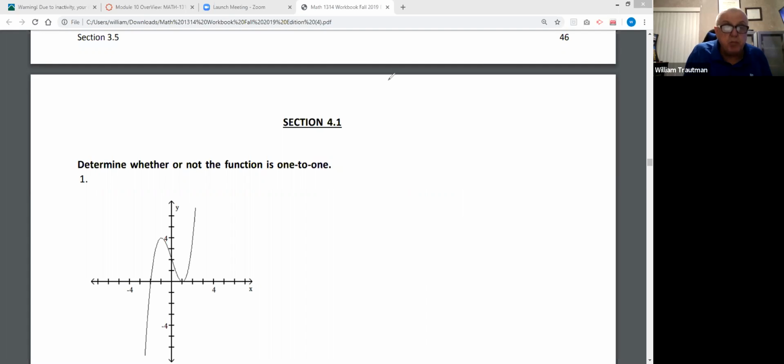All right, so determine whether or not the function is 1-to-1. First of all, remember how to determine if a graph is a function. Anybody remember how to look at this graph and say, oh, that's a function?